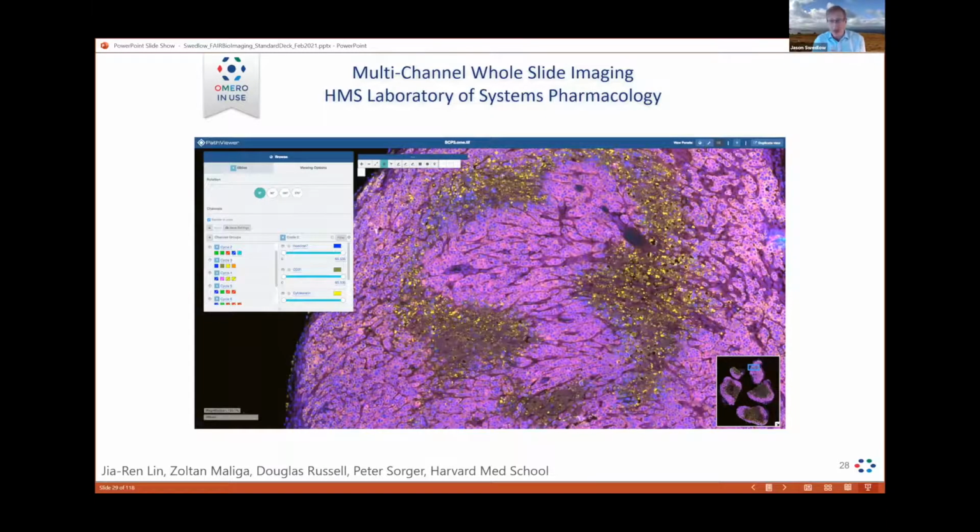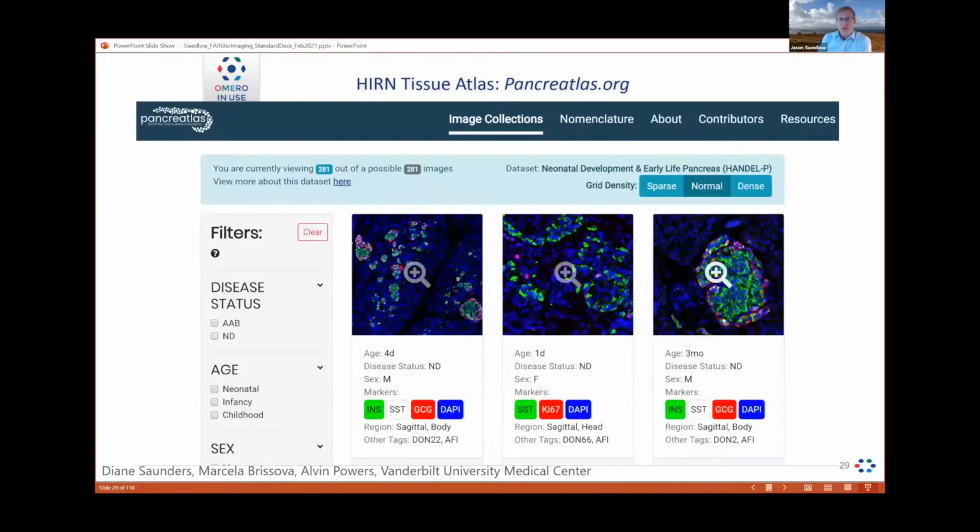And so Peter, with his colleagues at Harvard Medical School, have been developing technologies to effectively use these tools as companion diagnostics. But again, sitting underneath this is this data management system, OMERO, making this data available to pathologists all around the med school. This is, again, in the US. This is at Vanderbilt, publishing images associated with human pancreas data.